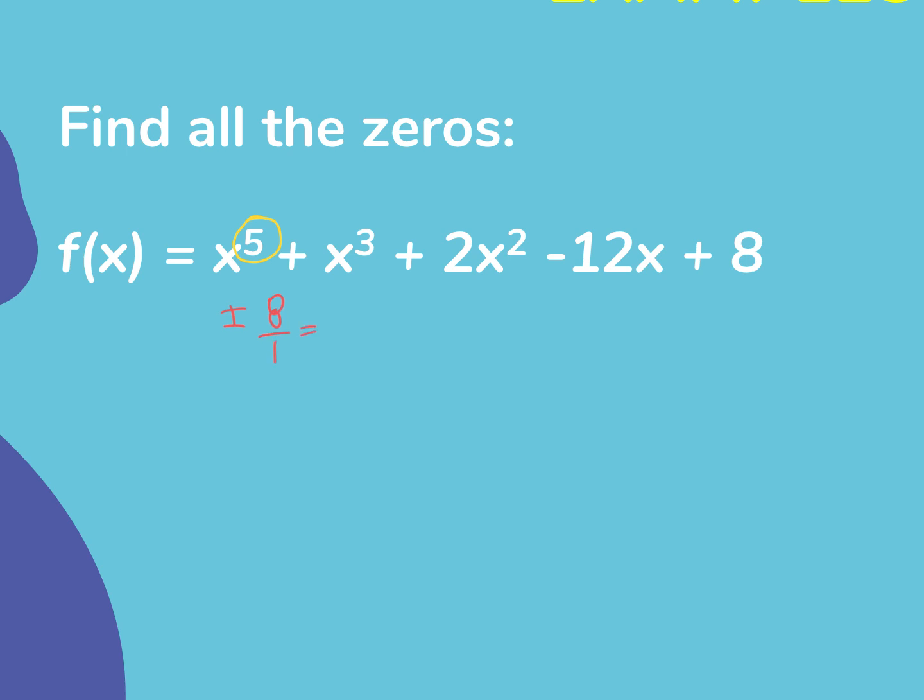So in this case, we have a few more factors that we have to deal with. What gives you 8? 1, 2, 4, and 8, correct? Plus or minus 1, plus or minus 2, plus or minus 4, plus or minus 8. So when they ask you on WebAssign, or if they ask you on the test, what are all the possible zeros? That's how you figure that out.